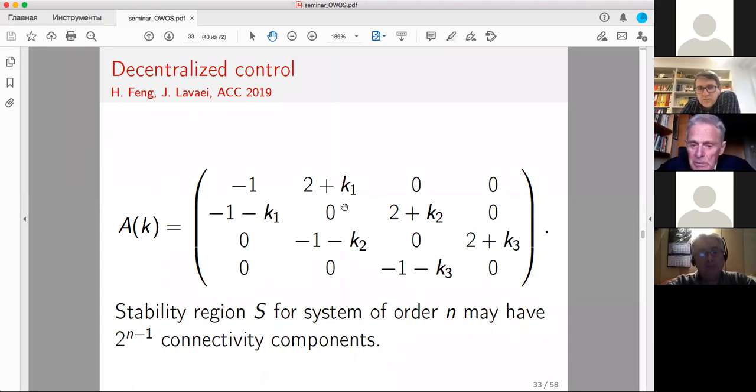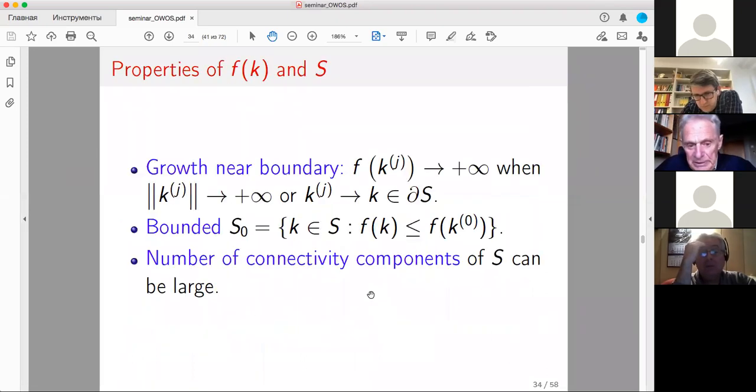And well, the analysis shows that the stability domain for these parameters has 2 times 2 to the power n minus 1 connected components. So the set of stabilizing controllers for decentralized control can be very disconnected.